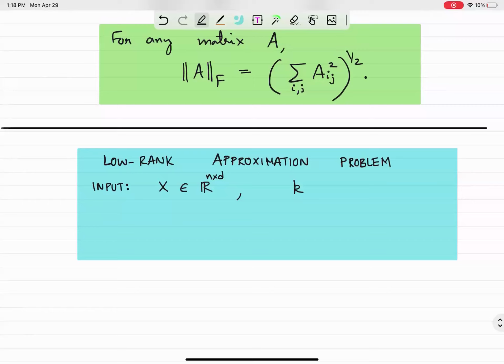I want maybe the best rank 1 approximation, best rank 2 approximation, and so on. And the output should be a matrix X tilde of rank at most K to minimize the error.